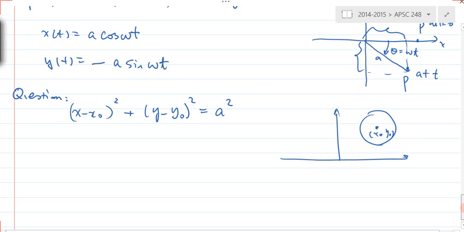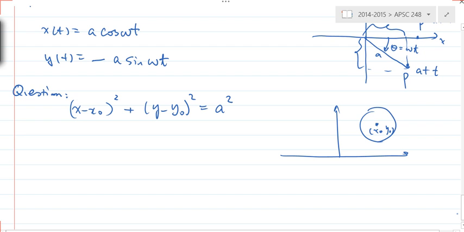Always bear in mind the parametric equation that you come up with has to satisfy the trajectory. Otherwise, that would be the wrong parametric equation. So given the trajectory here, what can we do?